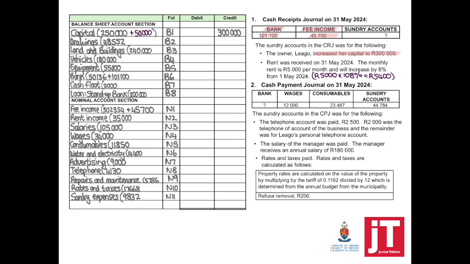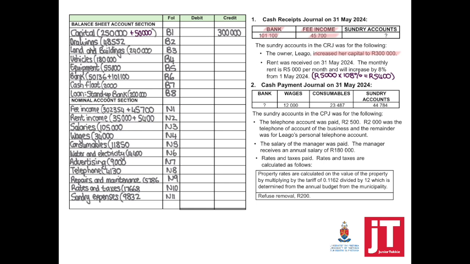It increased with 8%. That means 100 plus 8. So now I get the answer which I'm looking for. What is the rent amount after the increase? So this means that now we've received rent. Our income is going to increase.